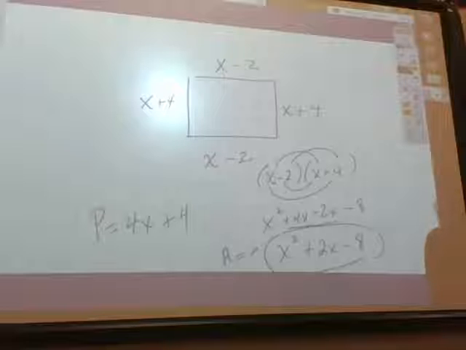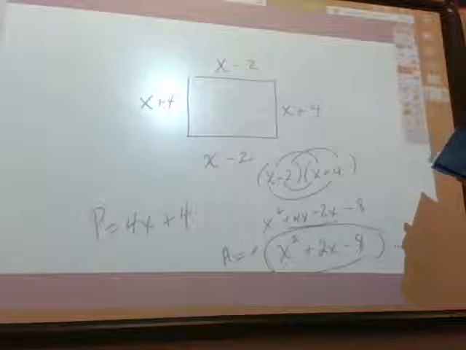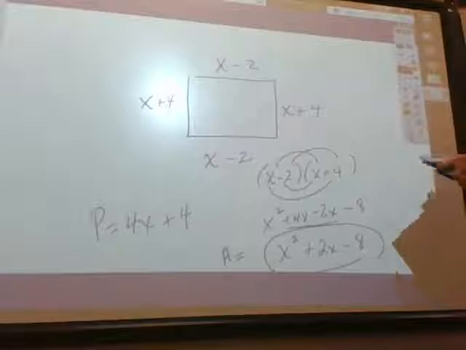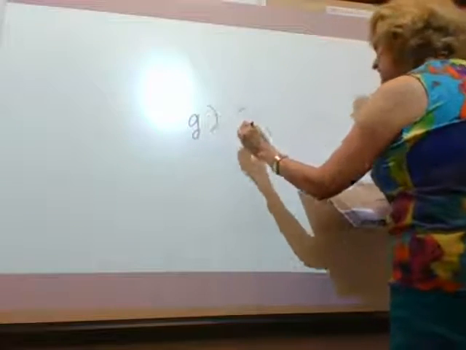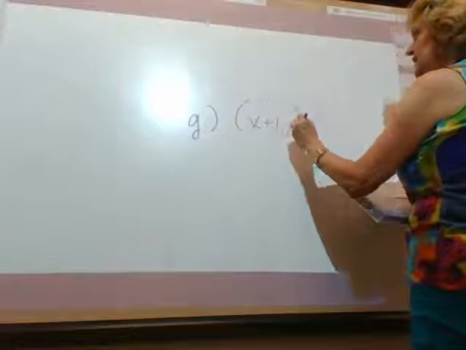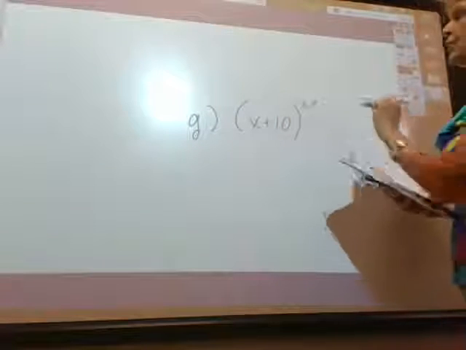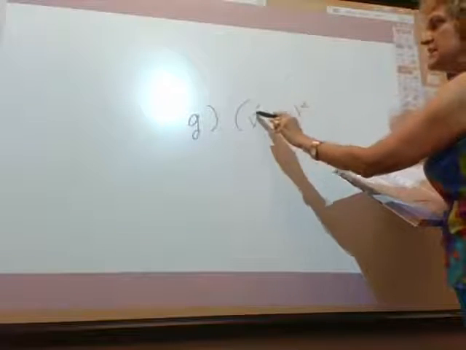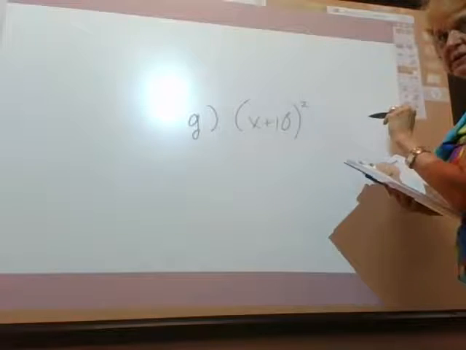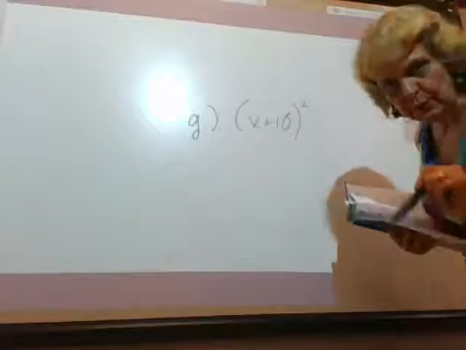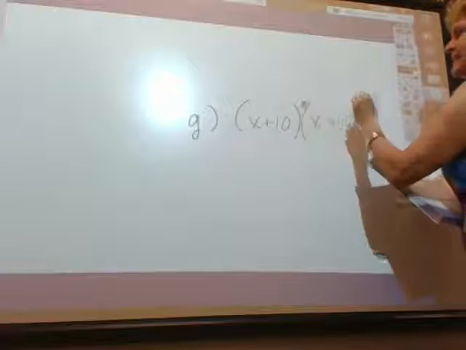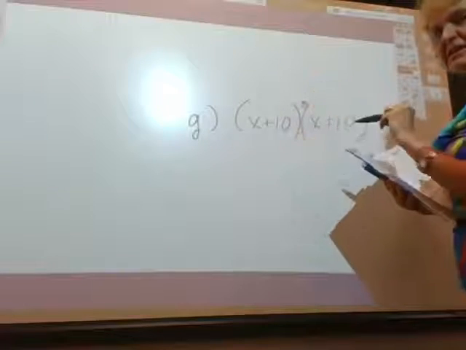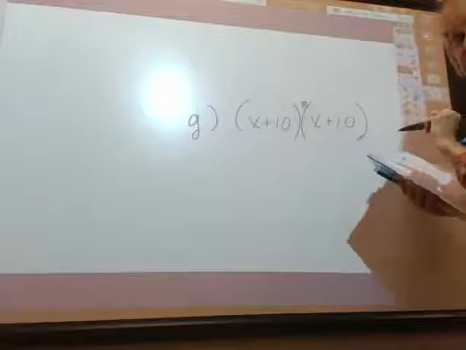So I do want to warn you, here's something that happens sometimes. Let me do practice G real quick before you get started. Look at G, it says x plus 10 and it's quantity squared. You are gonna be so tempted to tell me this is x squared plus 100. No, no, no, no, no. You have to write this twice. If you just distributed that exponent, you're going to miss your middle term and you'll be wrong.